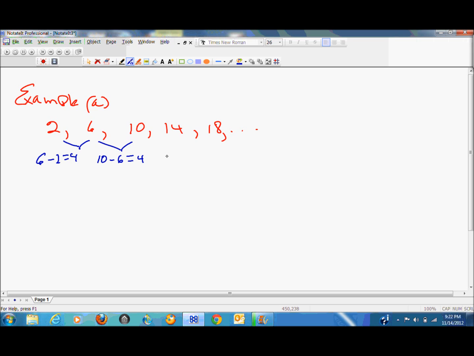Here I will have 14 minus 10, which equals 4. Here I will have 18 minus 14, which also equals 4.